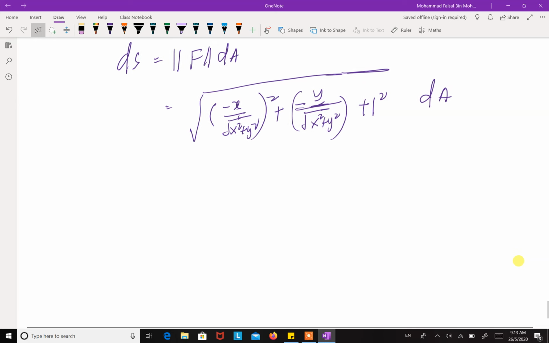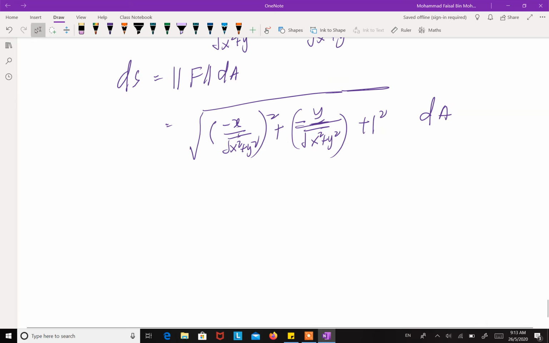And then you can simplify this. You will get square root of 2 dA. Okay. Then we have not finished yet.